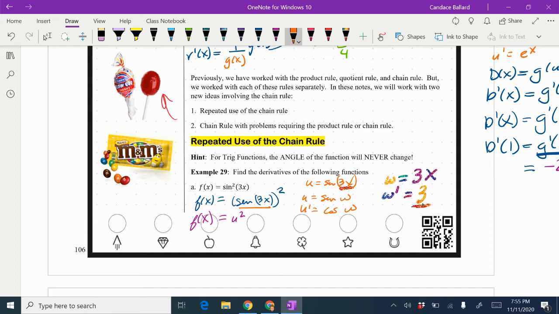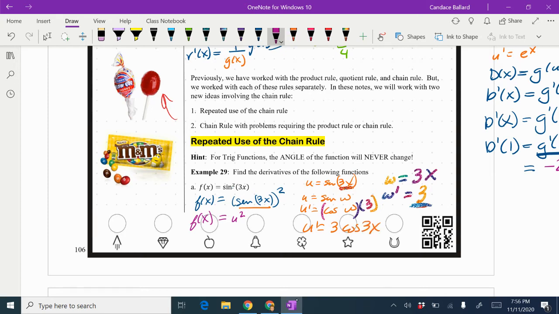I have to multiply by the derivative of the inside, which is the 3. So u prime equals 3 cosine of 3x.